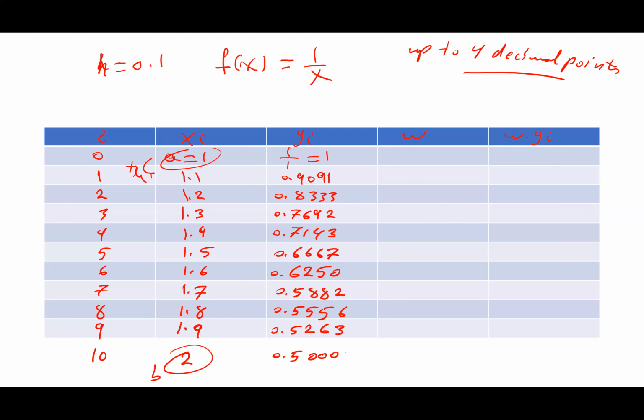So these are the values of the function at the partition points, xi's. Now for the weight, omega or w, the first coefficient is equal to 1, the last one is equal to 1. The others will be 2, all of them. These are the coefficients in the rule.